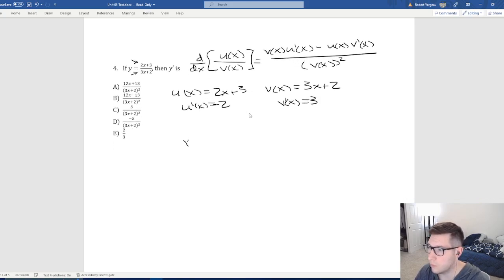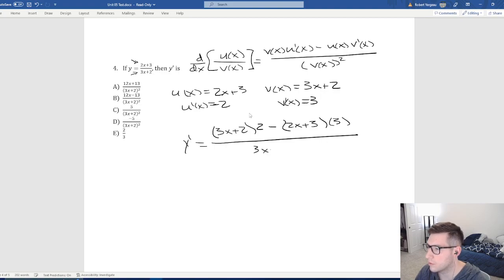We have y prime is going to be equal to v of x, 3x plus 2, times u prime, which is 2, minus u of x, 2x plus 3, times v prime of x, which is 3, all over v squared, which is 3x plus 2 squared.